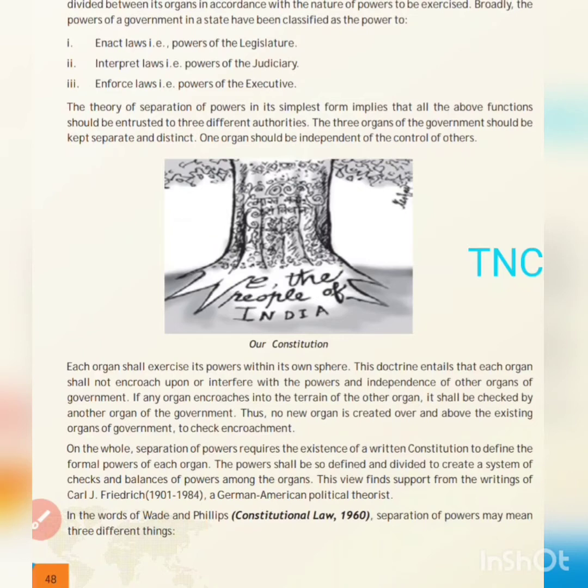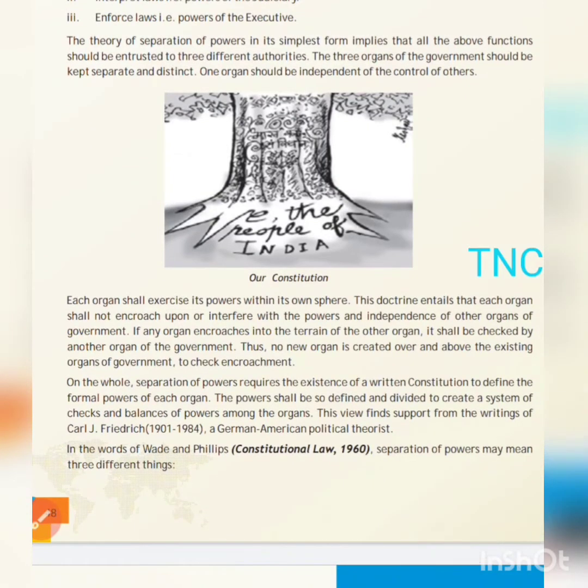Now what happens is, each organ is provided a special power, and it is told that you will only perform what is given to you. You will not step into the shoes of any other organ and try to perform its function. You can't do that. If one organ of government is encroaching upon the functions of another organ, then the remaining organ is going to see and check whether and how that encroachment has taken place.